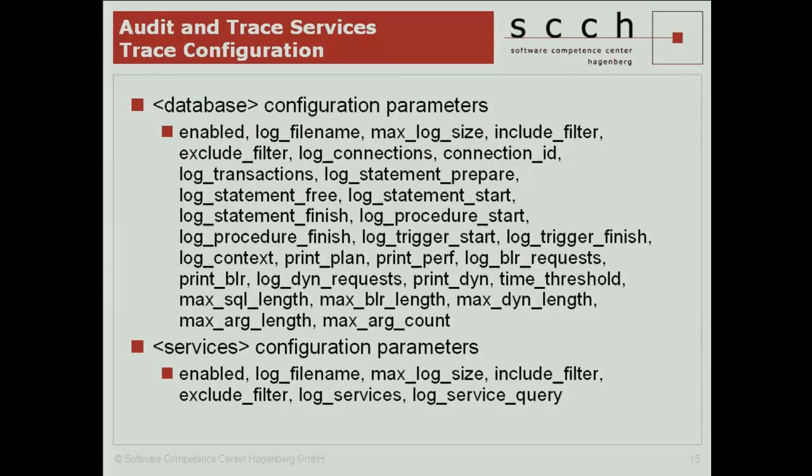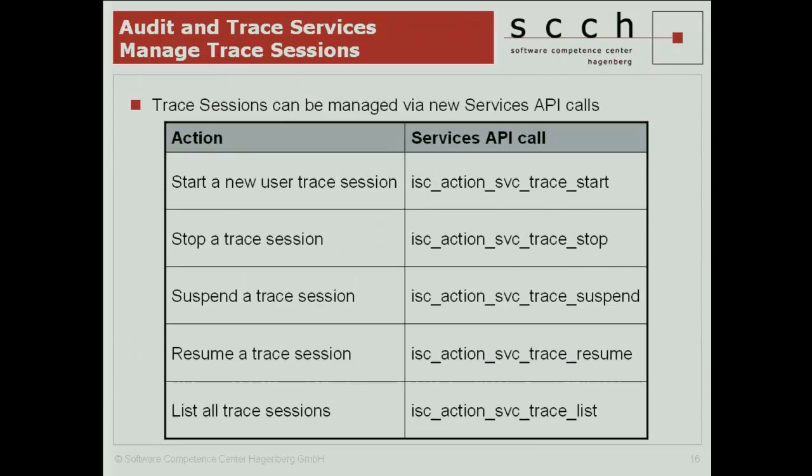I won't go through the entire set because there are comments in the pre-installed Firebird fbtrace.conf file. There's also an article available which goes through these settings, and pretty much the services configuration parameters as well.